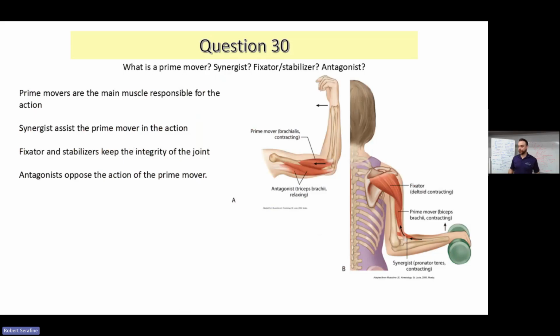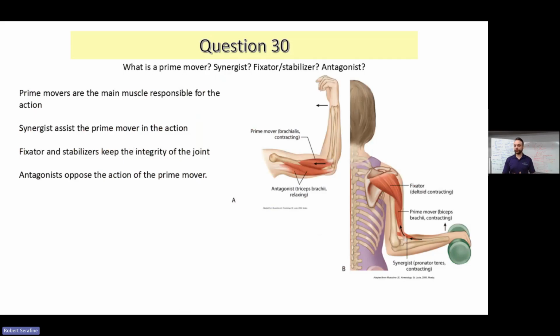So in the realm of roles that muscles play, we have a prime mover, we have synergists, we have fixators and stabilizers, and then we have an antagonist. A prime mover is also known as the agonist. Try not to confuse that with antagonist. Agonist, A-G-O-N-I-S-T, is also known as the prime mover.